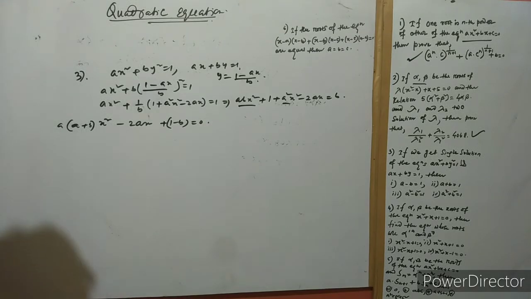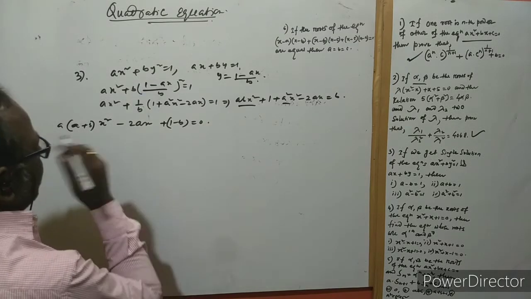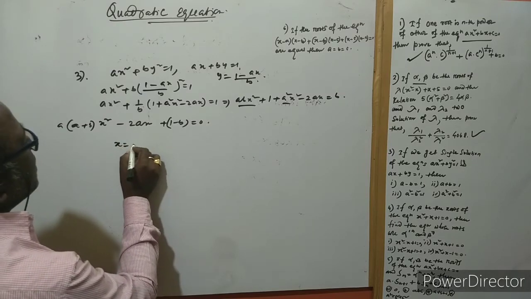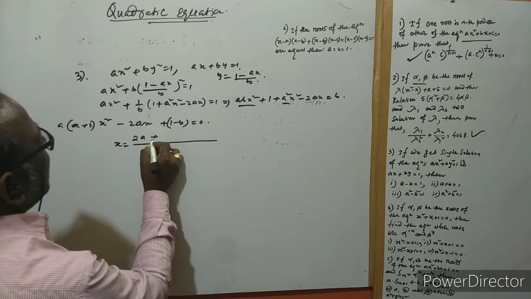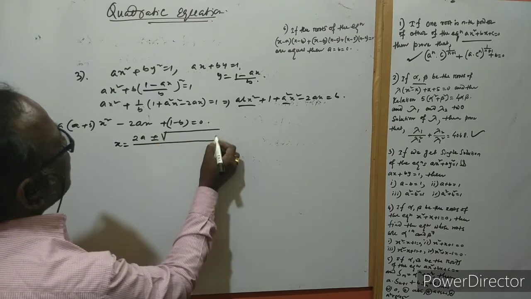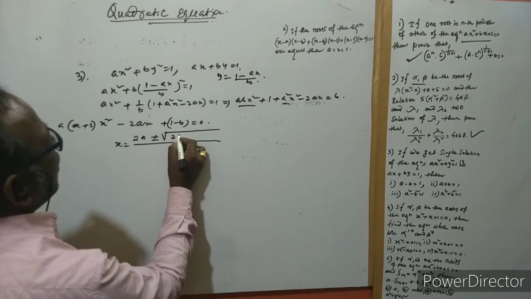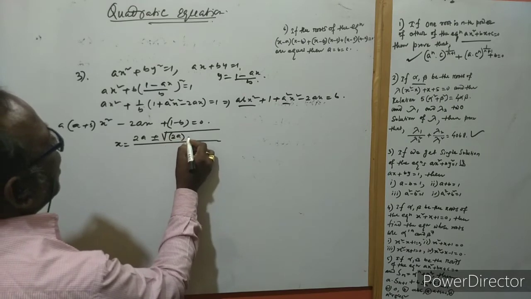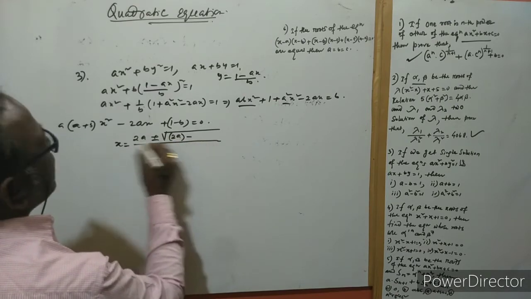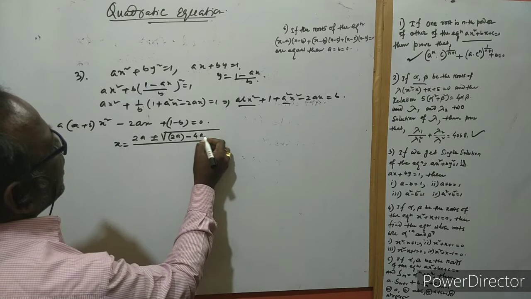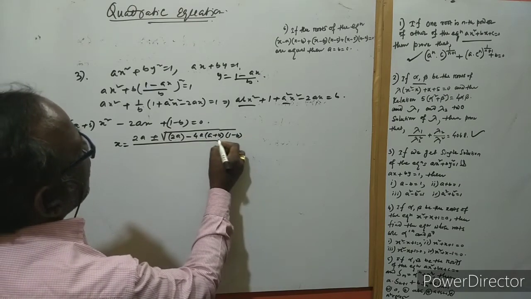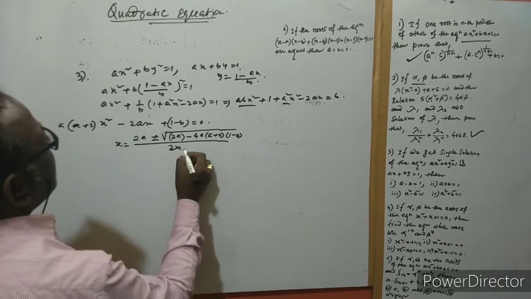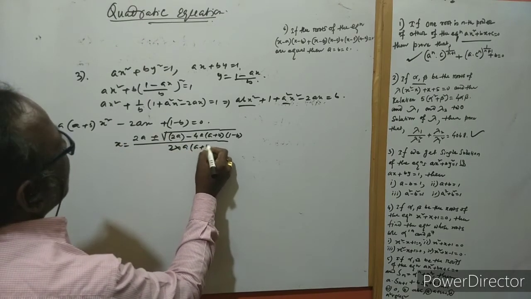And see the formula of Sridharacharya. x is equal to, that is, twice a in the denominator, plus minus root over b square minus 4ac. Okay, by twice a means a times of a plus b here.